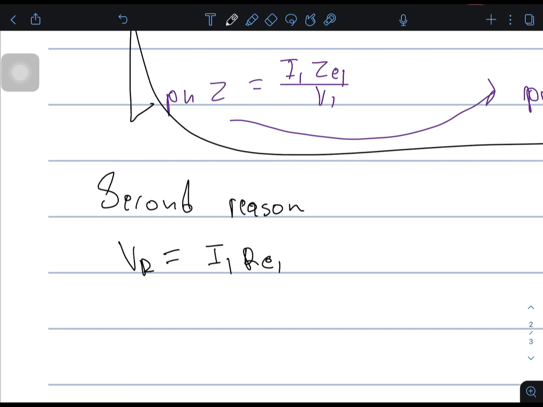Then the internal voltage drop due to reactance of the transformer, referred to the primary, is going to be I1 XE1.